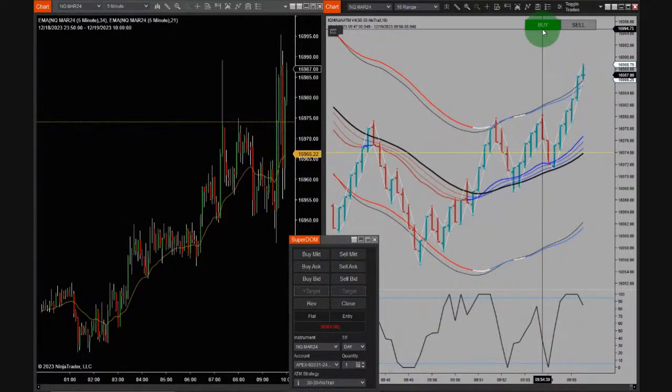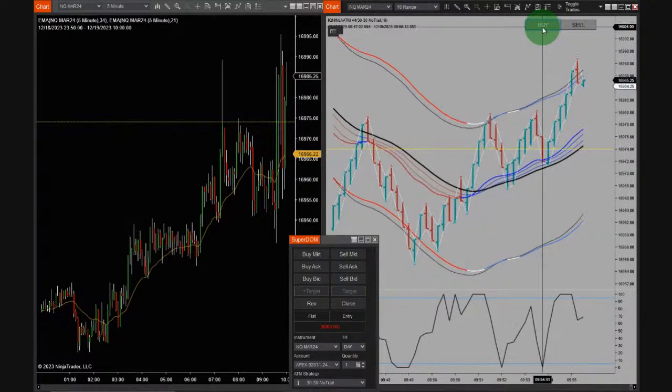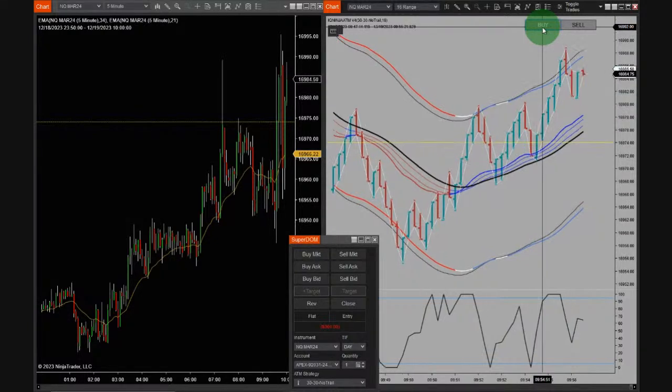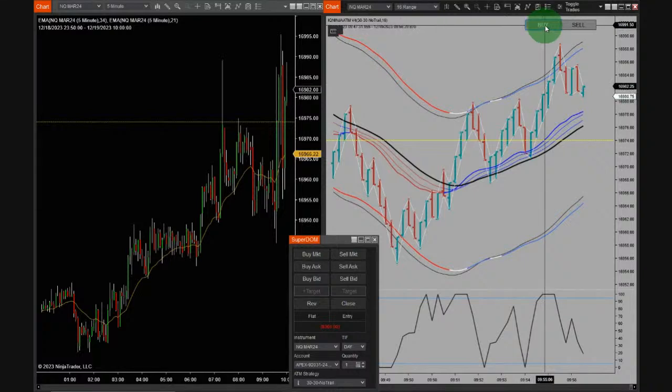It's just a personal thing. And it's kind of a thing of whether or not you want to maintain your sanity, because that can be really aggravating, to get something so close to the target and then have it completely reverse and stop you out for a red.